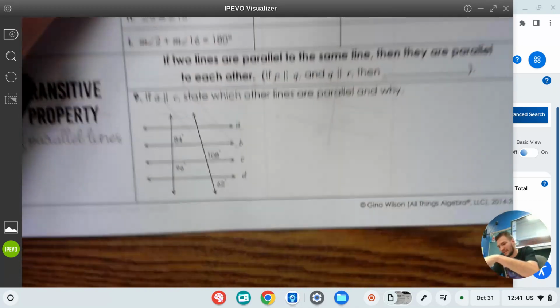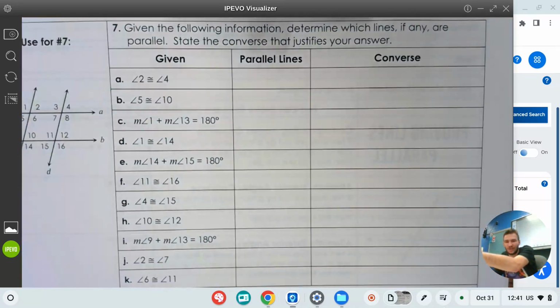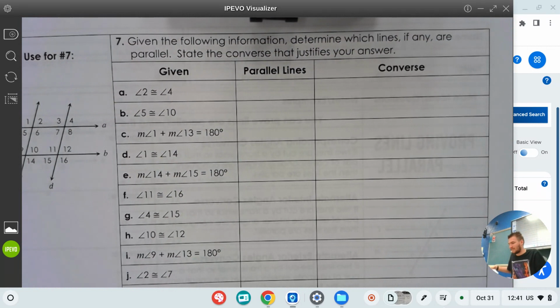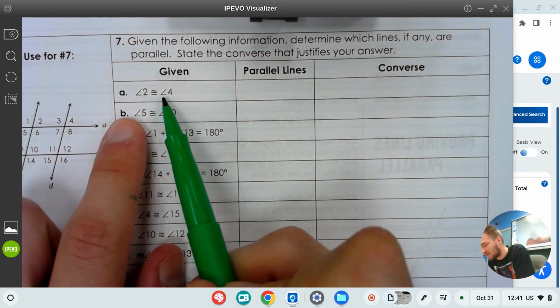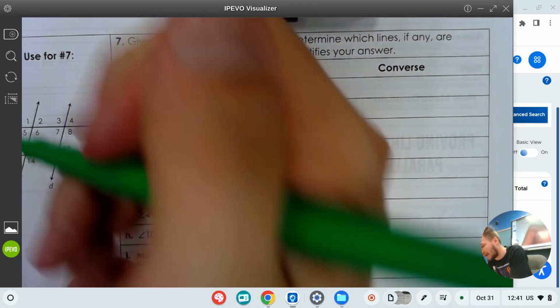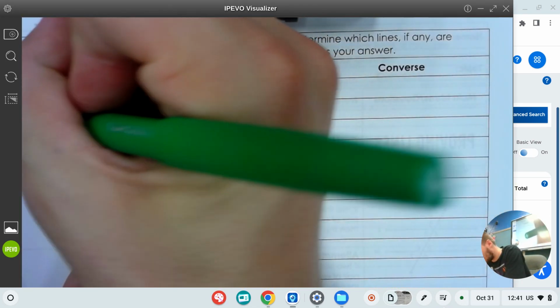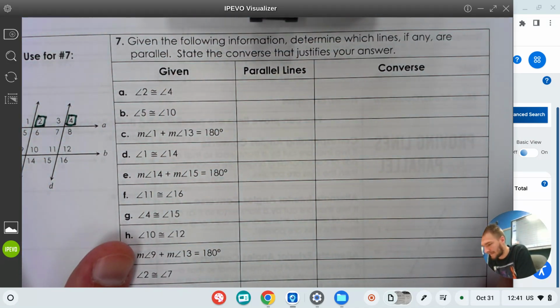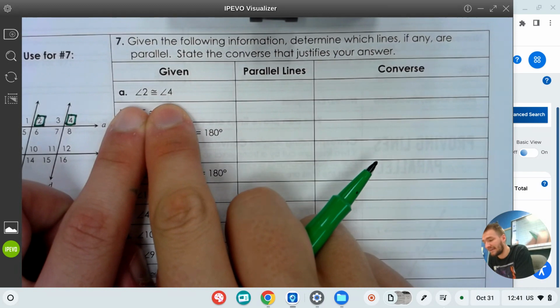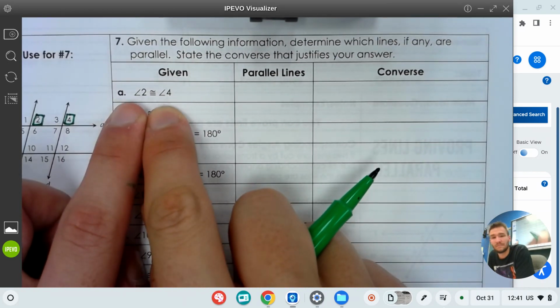I know that there's a lot going on here. We're just going to kind of get the hang for this. What you're going to do is look for these two angles. I'm looking at angle 2 and angle 4. Here's angle 2. Here's angle 4. Now, it is given that these are congruent.